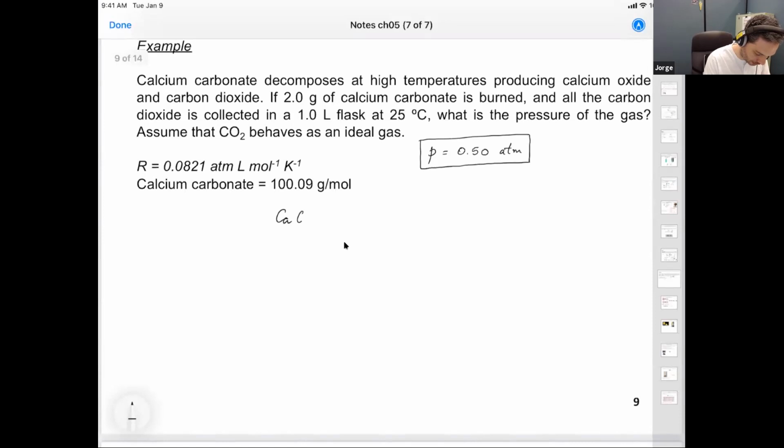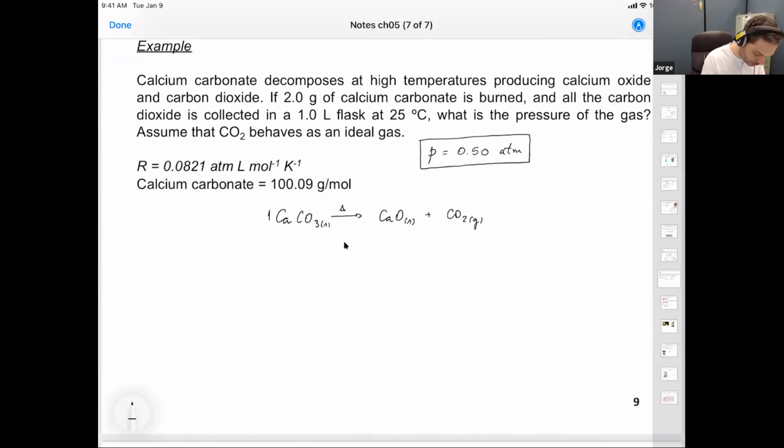So we have here calcium carbonate, a salt, that's going to be heated up. So again, if you want, you can indicate the heating process using the triangle over the arrow. And the products that are going to be generated are calcium oxide, which is a solid, and CO2, which is a gas.